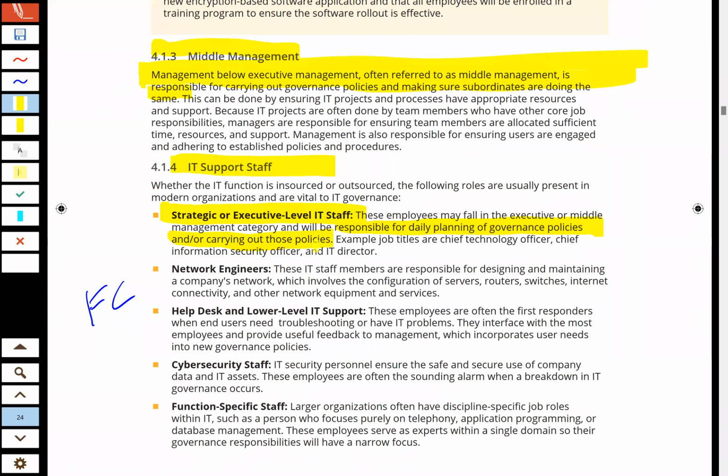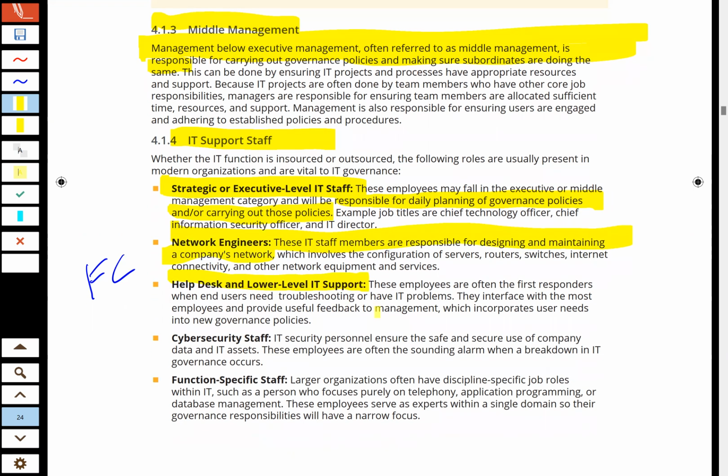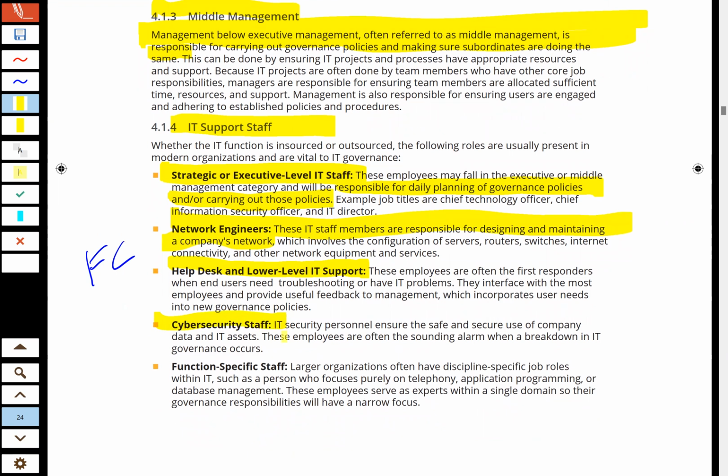Okay, we have network engineers. They are responsible for designing and maintaining the company's network. Help desk support, I think that's pretty self-explanatory. Cybersecurity staff are responsible for protecting us from having our data breached, right? Having our system breached.